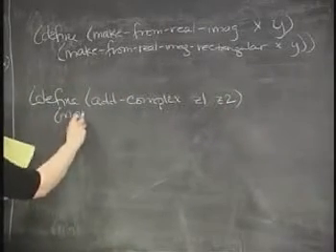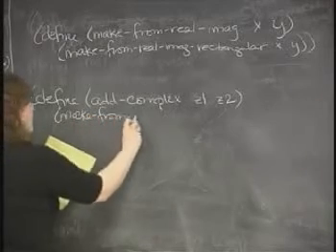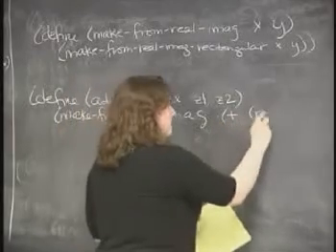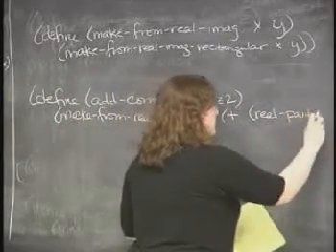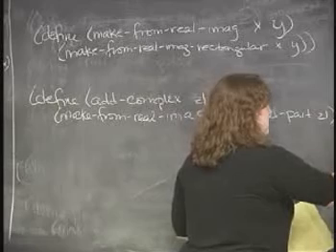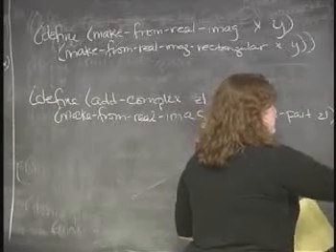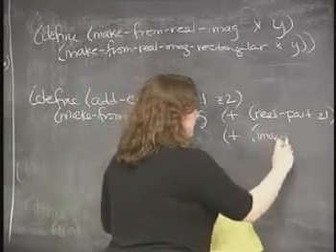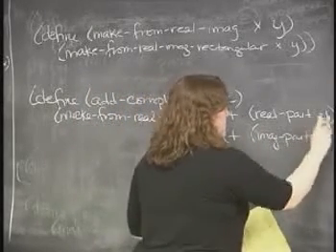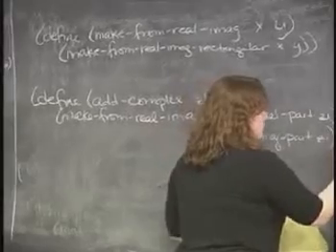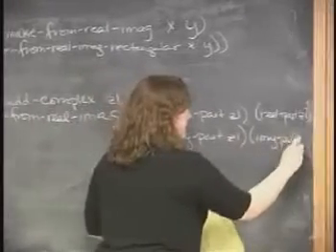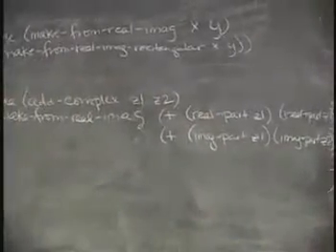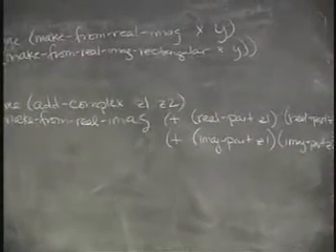We define this to be make from real imag of the real part of Z1 plus the real part of Z2. And then the second part is going to be adding the imaginary part of Z1 and the imaginary part of Z2. Okay. So this was add complex.